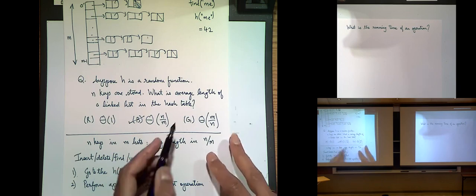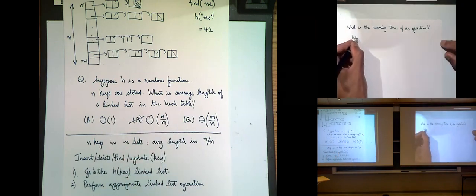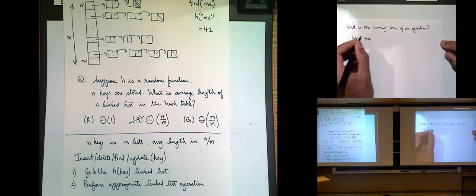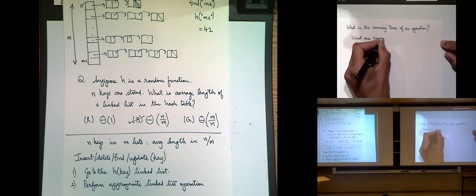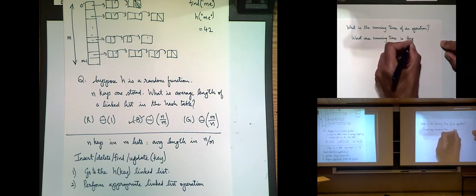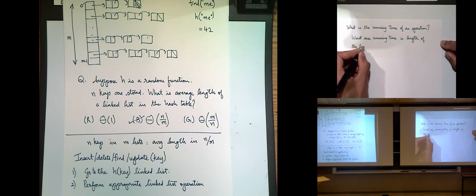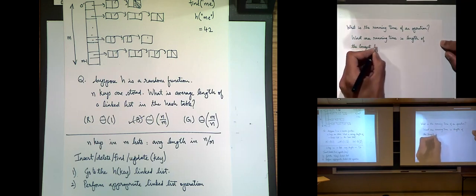Remember, we said the average length of a linked list is this, but the worst case running time is the length of the longest list.